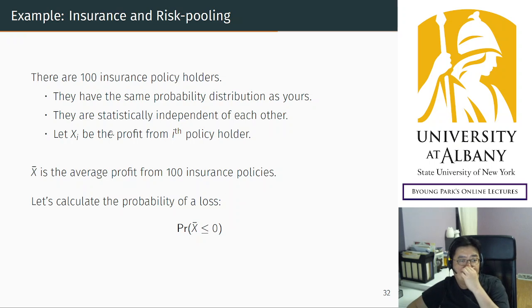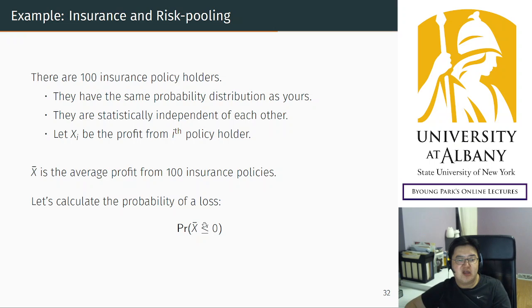That is the probability distribution for a single insurance policy, right? Then the insurance company collects all the policyholders, and the average is what matters to that company. So X bar is the average profit from all of the 100 insurance policies the company sold.